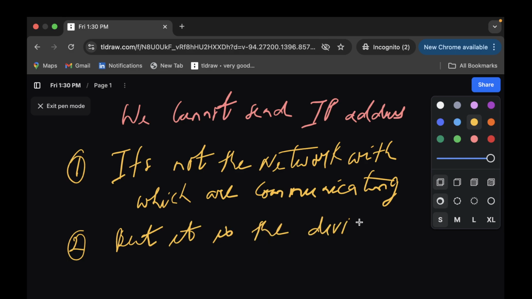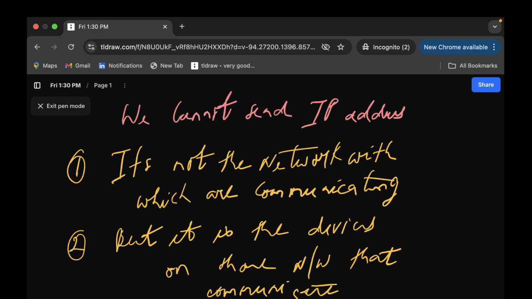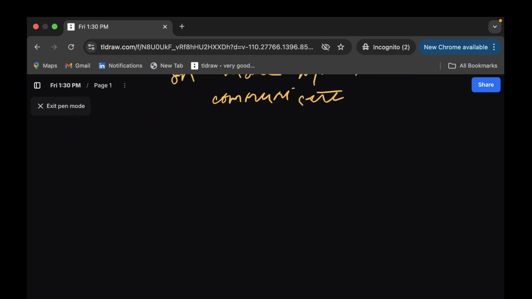It is the devices on those networks that communicate. We need to reach the destination host, not just a group.